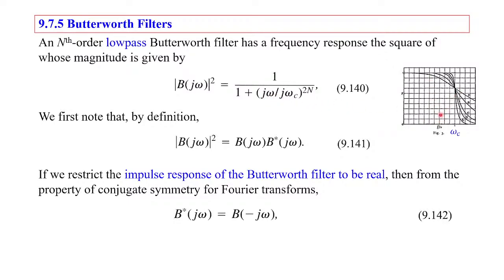So if omega is less than omega c, then this factor is less than 1. You think of n as a big number. When n goes to infinity, this is less than 1, and this factor goes to 0. And so you have 1 over 1 plus 0, so that's 1.